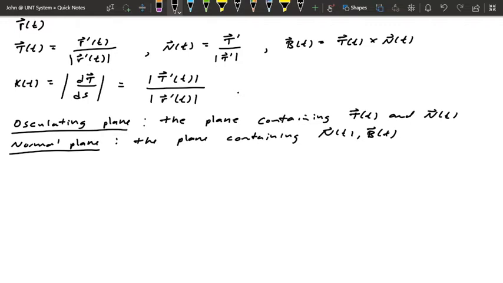And because, let's say the osculating plane contains T and N, the binormal B, which is orthogonal to T and N, will be orthogonal to that plane.